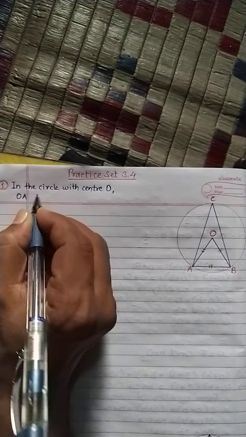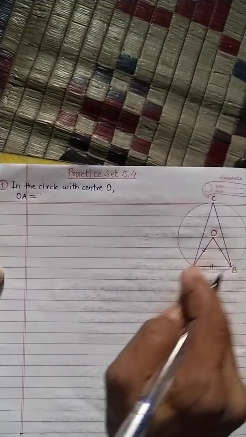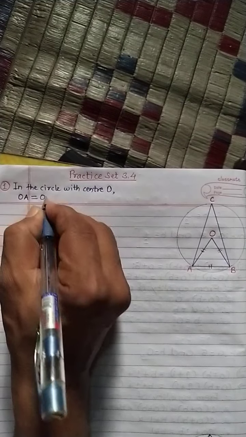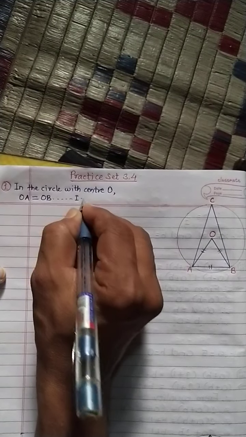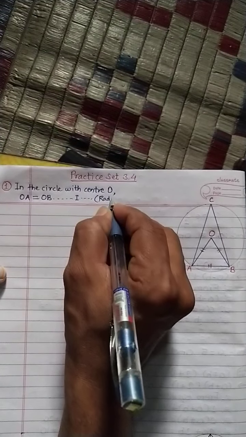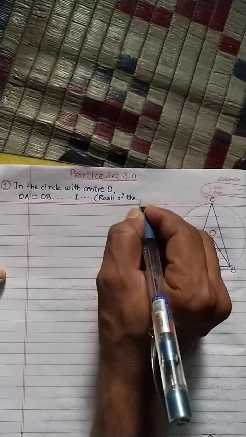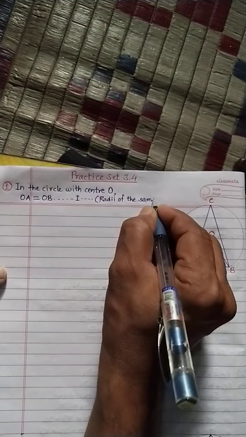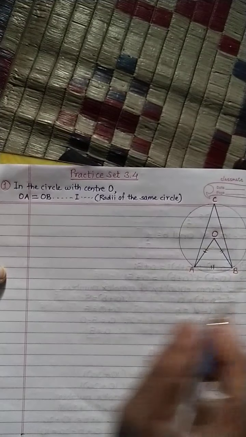Number 1, and the reason is radii of the same circle.